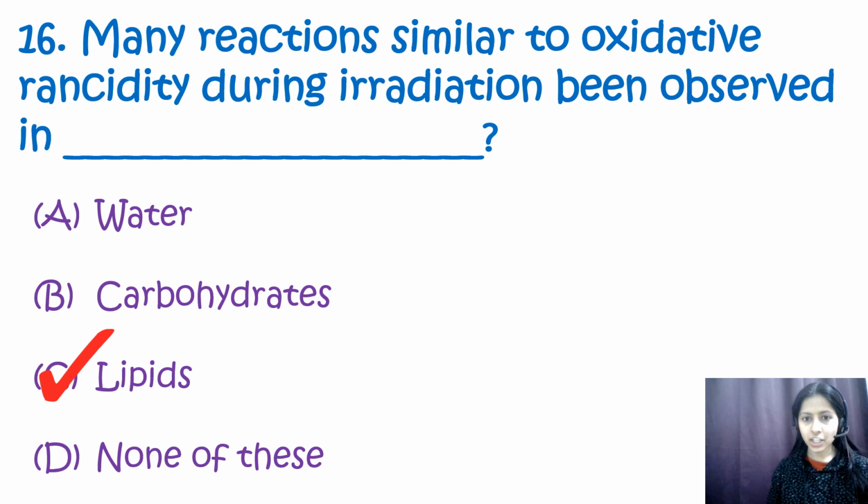Irradiation can also cause changes in the fatty acid composition, which can affect the nutritional value of the product. So the correct option is option C, that is lipids.